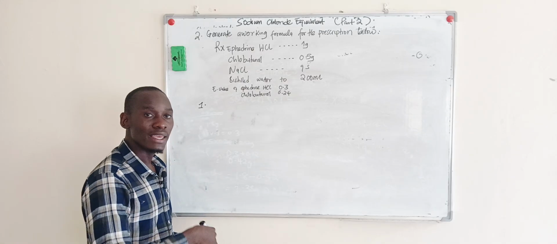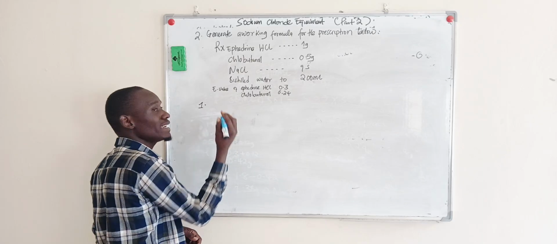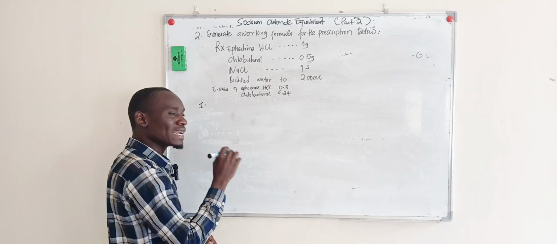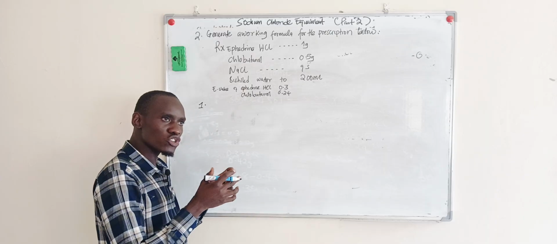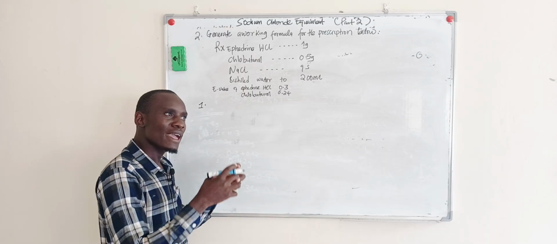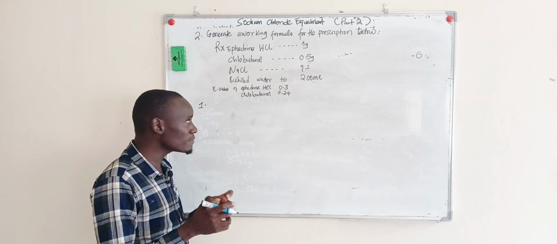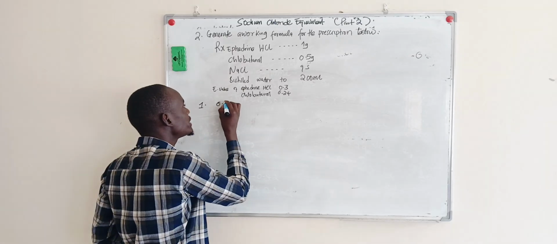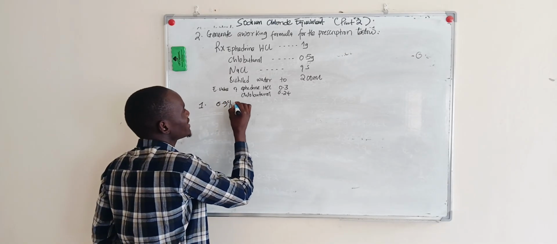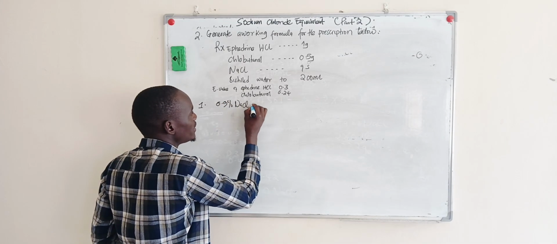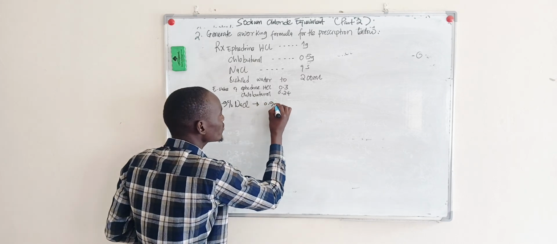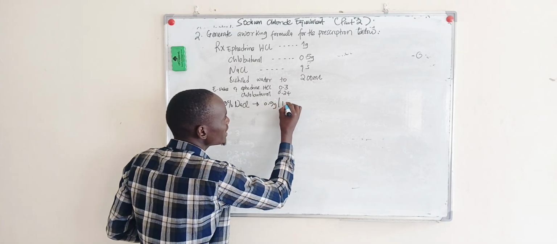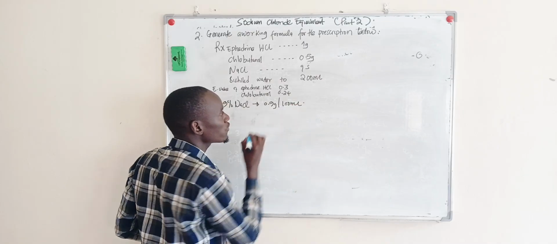And in that view, you should at all times remember that the only concentration of sodium chloride that is isotonic with blood plasma is the 0.9% sodium chloride, which simply means 0.9 grams of sodium chloride in 100 mils of water.